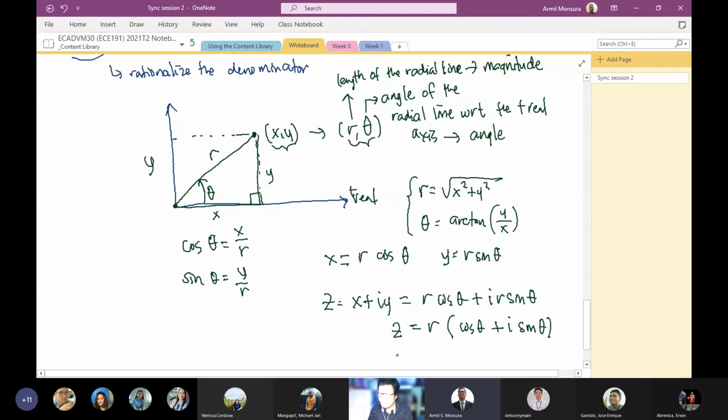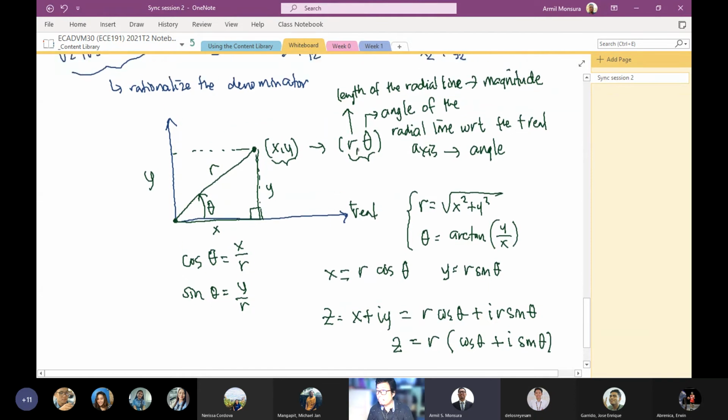That is your number z. So basically, you can obtain the polar coordinates of your complex number using these formulas.